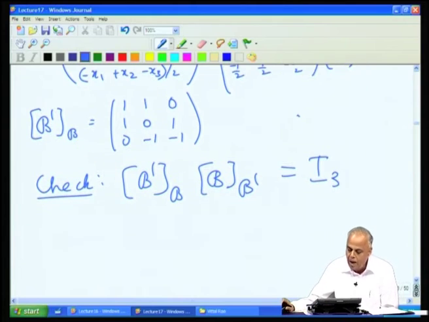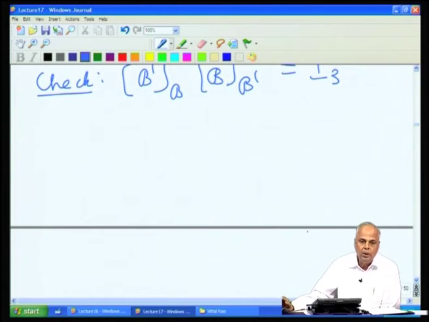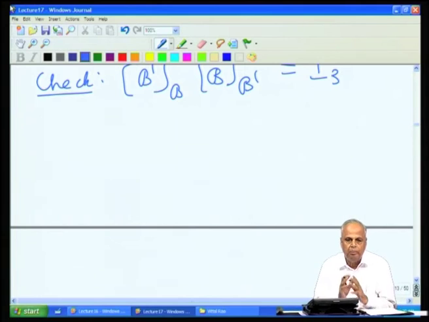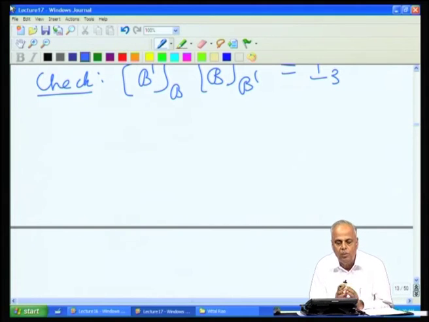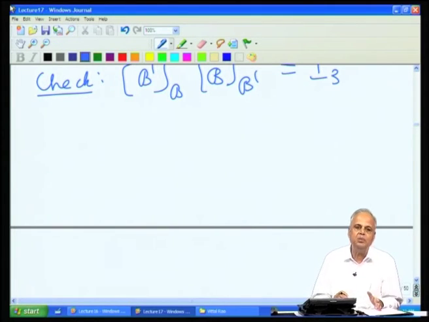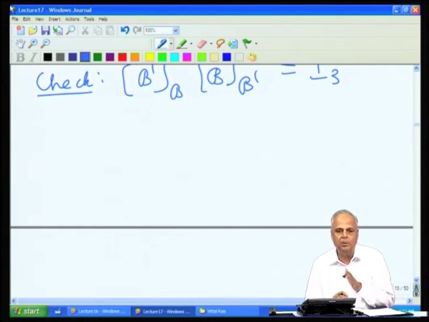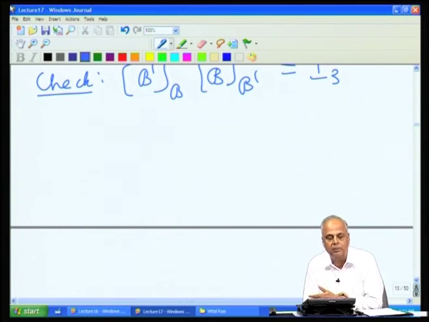So, in order to look at the connection between two representations coming out of two different bases, we must always look at the connection between the two bases. If you want to convert from the B language to the B prime language, you should convert the basis vectors in the B language into the basis vectors in the B prime language.